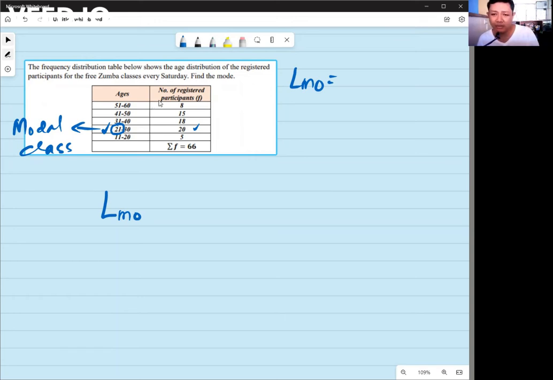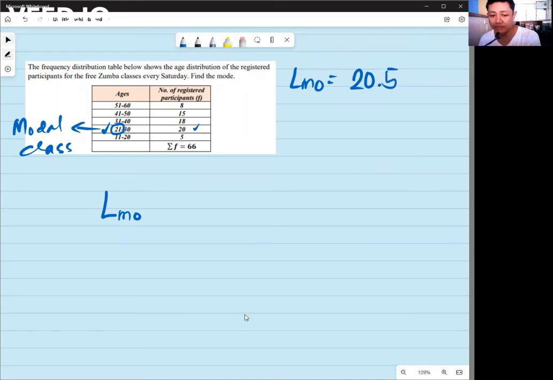Okay, that is for us to lessen the data in our table. Okay, so your classmates are correct. We have the lowest number, which is 21. So all we have to do is to subtract it by 0.5. So therefore, the answer will be 20.5. This is the lower bound of our modal class, 20.5.